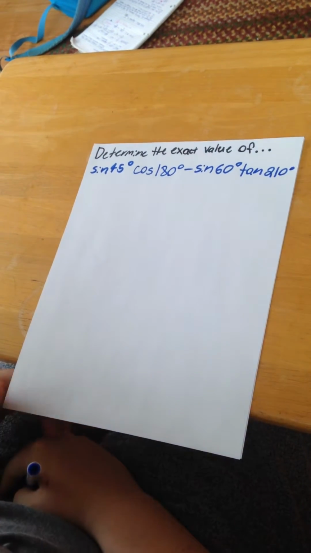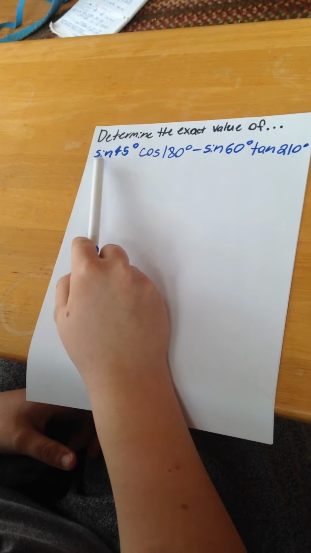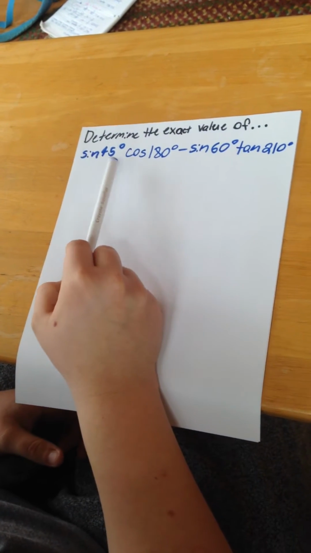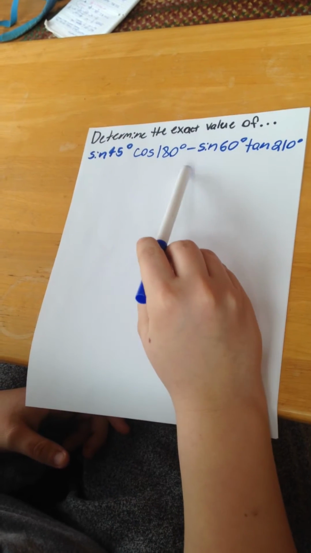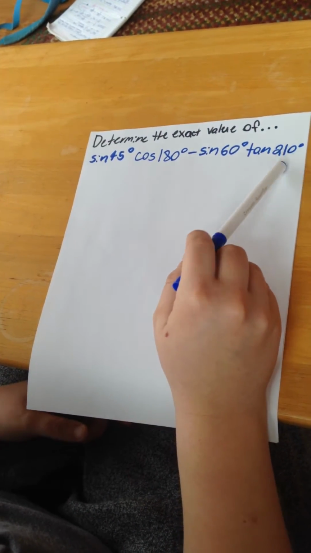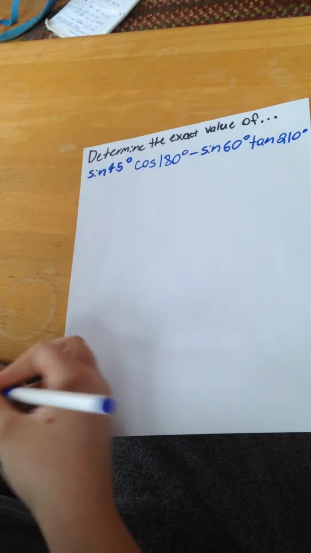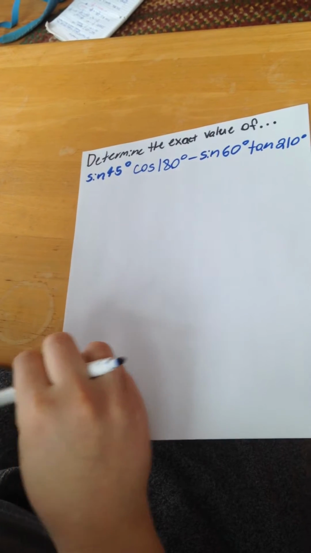So the question that we'll be doing today is determine the exact value of sine 45 degrees multiplied by cos 180 degrees minus sine 60 degrees times tan 210 degrees. Now, first thing that we have to do is to convert the degrees into radians.